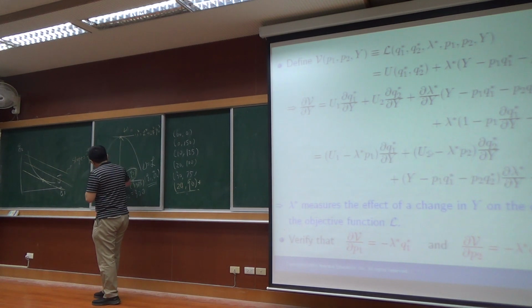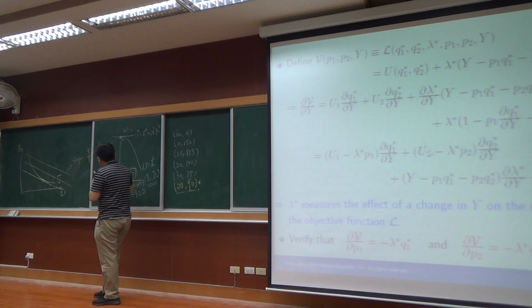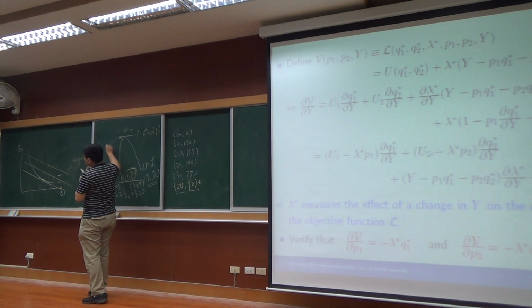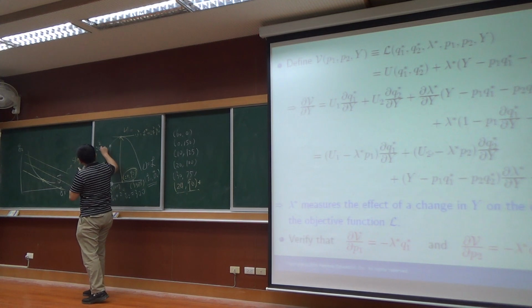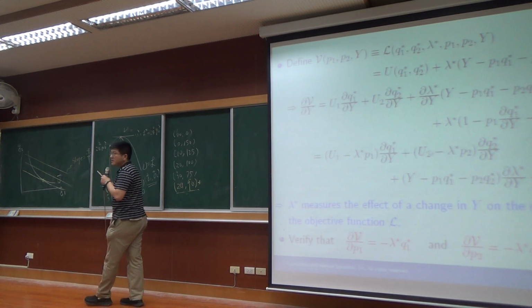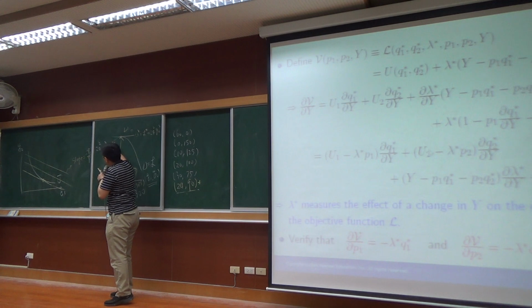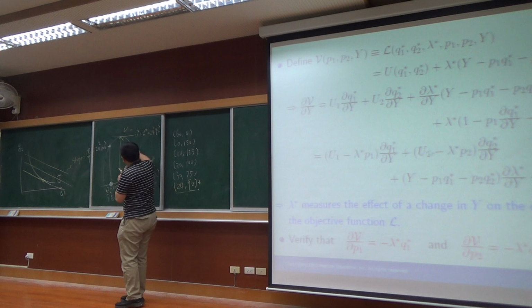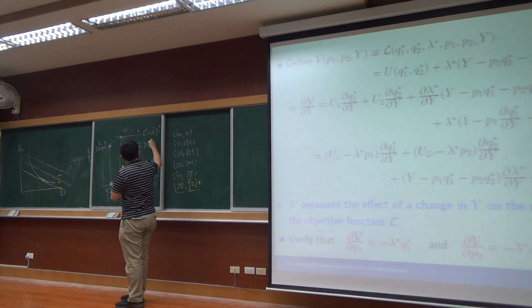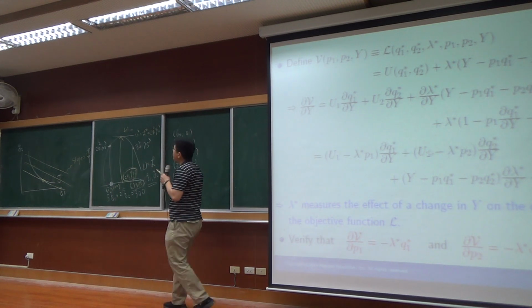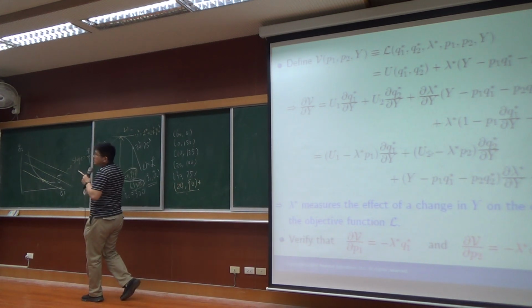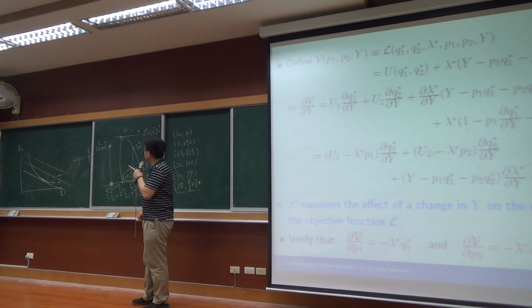If you decide to consume 20, 100, then the utility level you will have will be 20 squared times 100 cubed, right? This will be the utility level. And if you choose this bundle to consume, your utility level will be 30 squared multiplied by 75 cubed, right? But they would not give us the highest utility level.